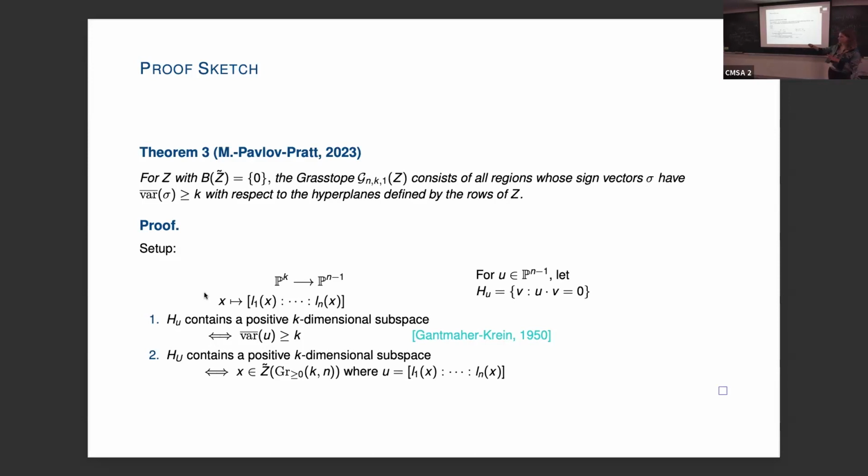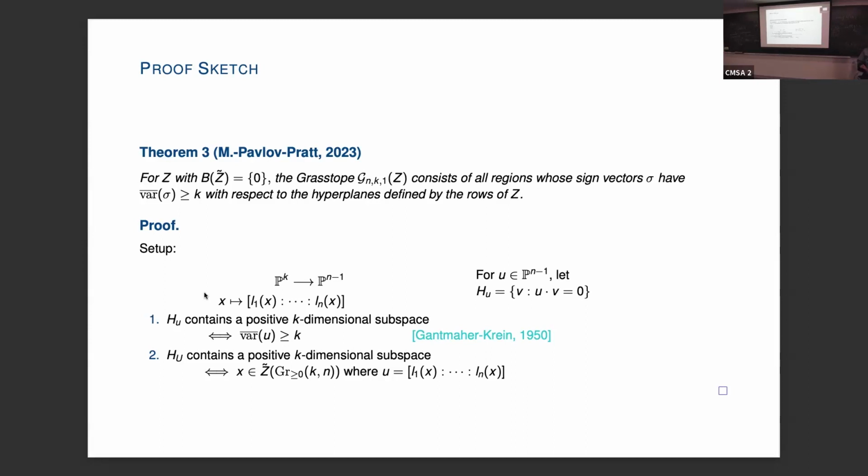What allows us to do this is that if H is a hyperplane that contains both the kernel of Z and a positive k-dimensional subspace, well, we know that the kernel of Z, because our map is well defined, has to be disjoint from the positive Grassmannian. In particular, not just the positive Grassmannian, it has to be disjoint from any positive subspace.